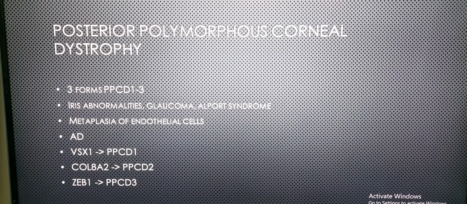Posterior polymorphous corneal dystrophy. There are three forms. There are associated iris abnormalities, glaucoma, and Alport syndrome. There is basically metaplasia of the endothelial cells. It is usually inherited in an autosomal dominant pattern.